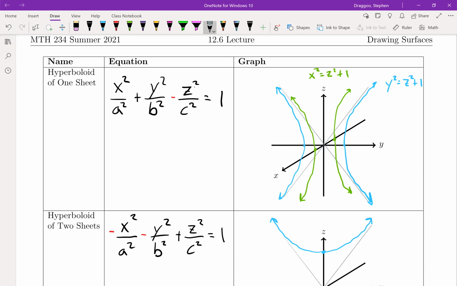But then I can look at traces in the XY plane, and I see that I once again end up with ellipses if I go in either direction.